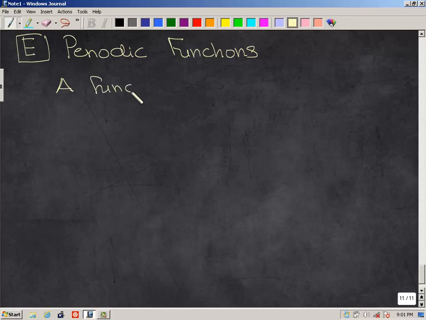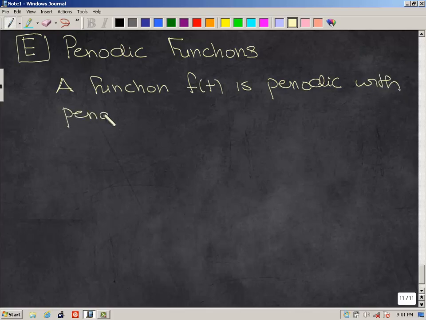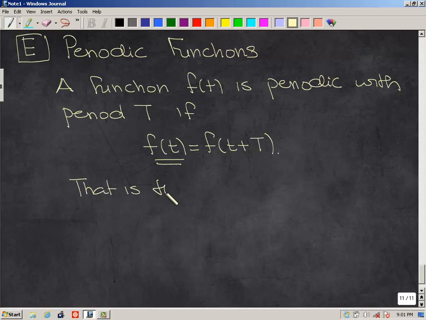A function f of t is periodic with period T if f of t is equal to f of t plus capital T. That means if you were to add capital T to little t, you just get f of t back. It comes back to the same position. That is, the function repeats itself every T units.